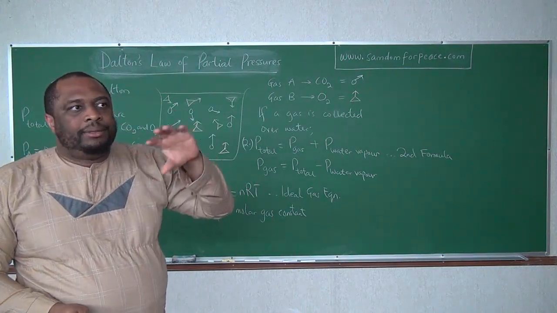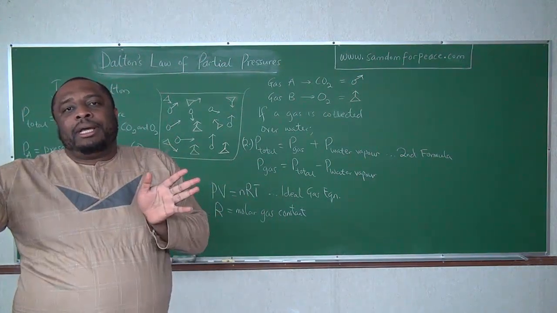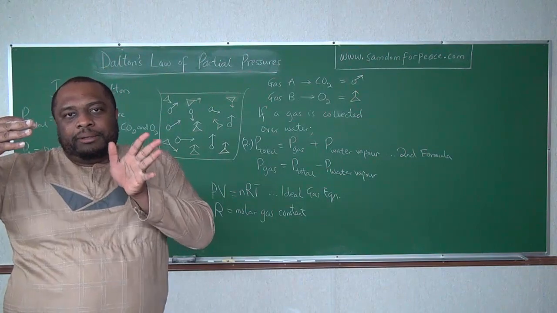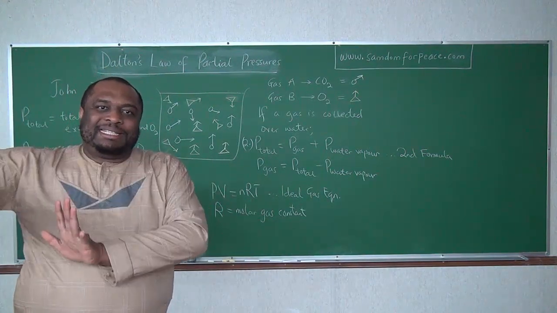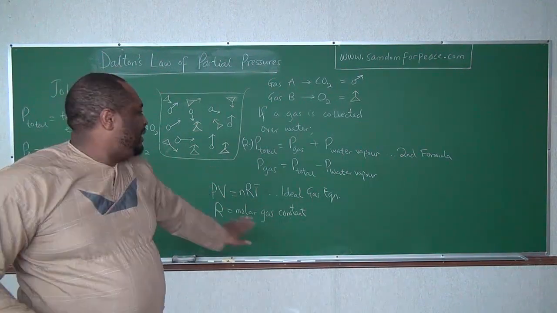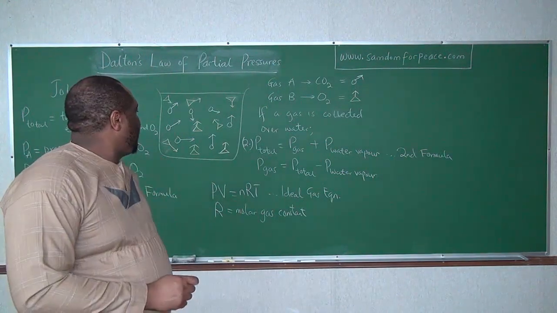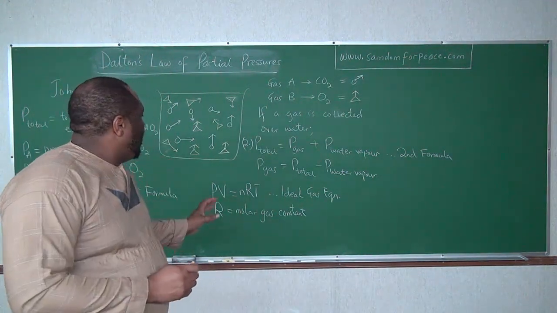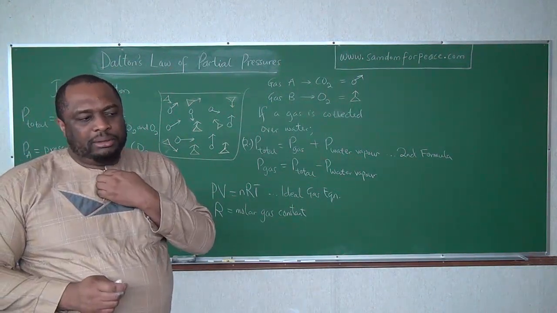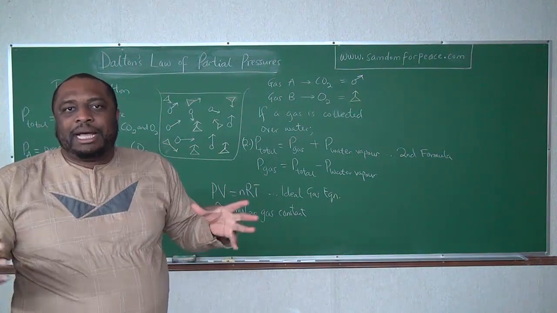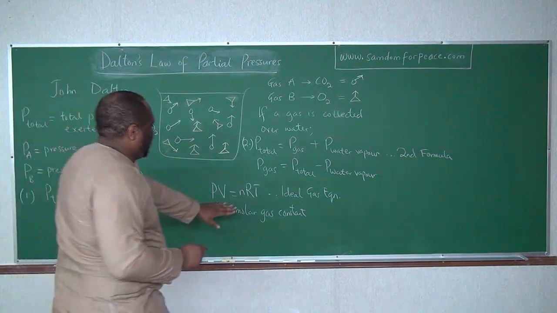You have to make sure that the unit of the molar gas constant you're using is consistent, corresponding with the units of the other variables here. So they will give you the molar gas constant, and you make sure that the units are consistent with the other variables. So this is a constant.